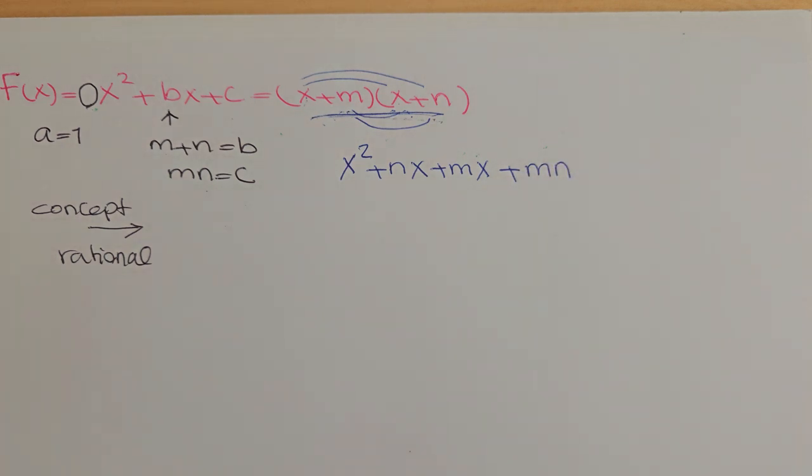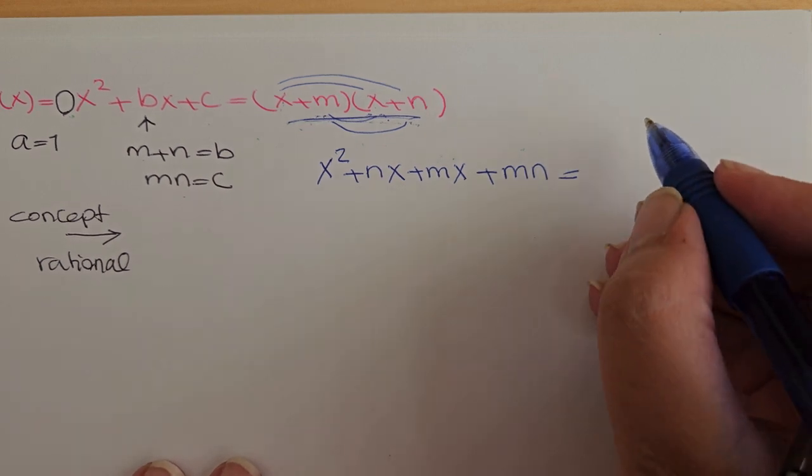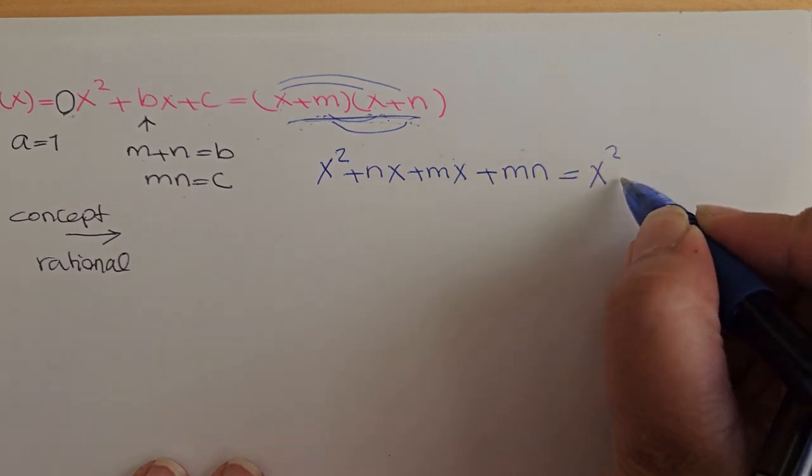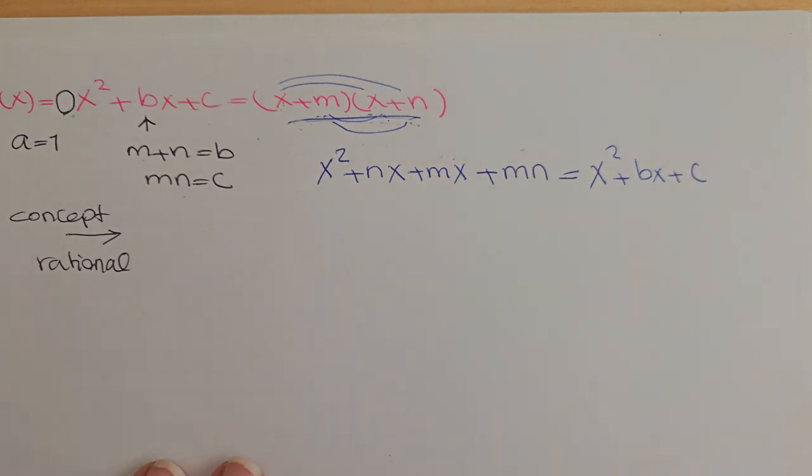Okay, this is the result of multiplying the two brackets together, and it must be equal to x squared plus bx plus c, right?